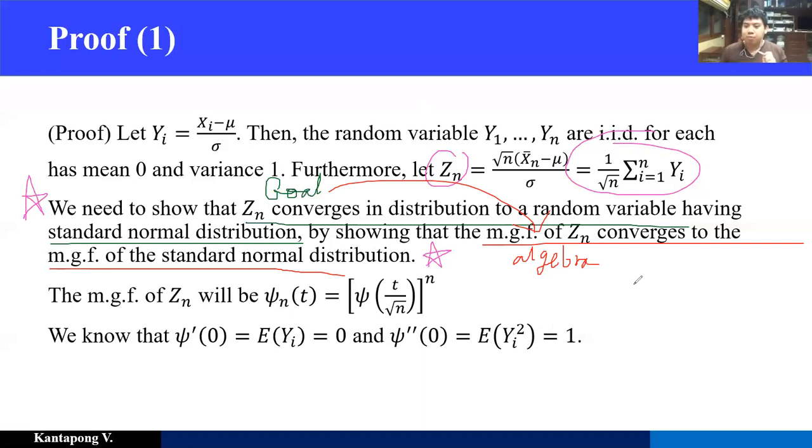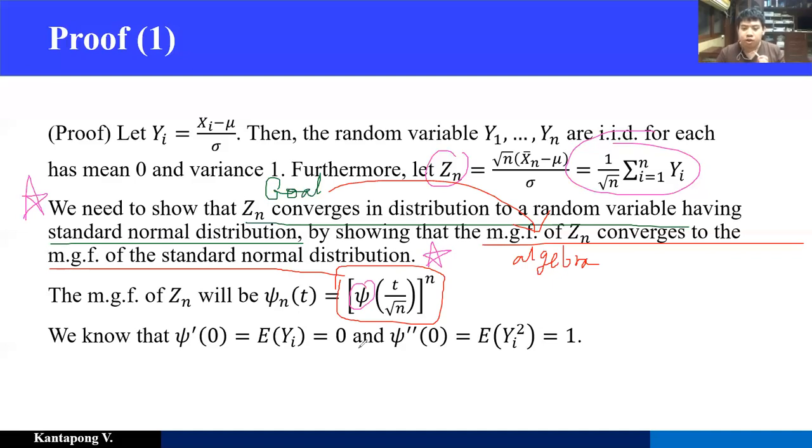I'm not going to show you the full steps, just an outline to show you what happens. So the MGF is the MGF of T over square root n, to the power n. It can be any MGF, it doesn't have to be the normal. That's why I note it with a little psi here. But with two restrictions.